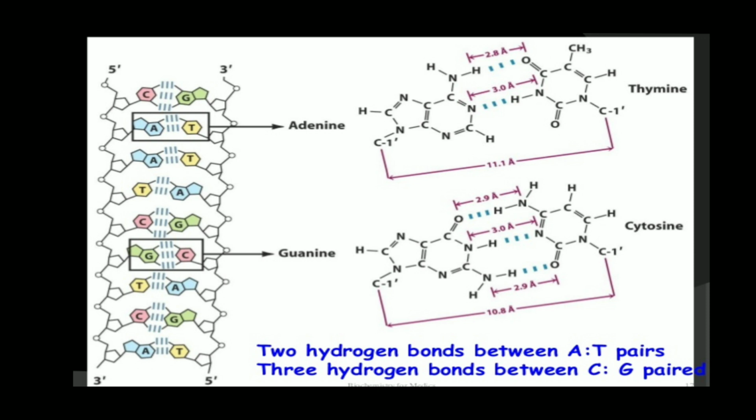If you observe the hydrogen bonds of adenine and thymine, the first hydrogen bond shows a distance of 2.8 angstrom units and the other 3 angstrom units, while for guanine and cytosine, the first hydrogen bond shows a width of 2.9 angstrom units, the second 3 angstrom units, and the other 2.9 angstrom units.